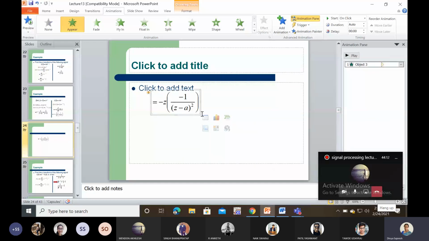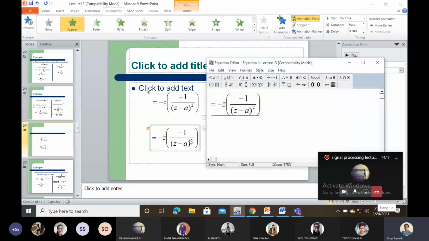Okay, finally, if you arrange it, you will get it as z upon z minus a square.